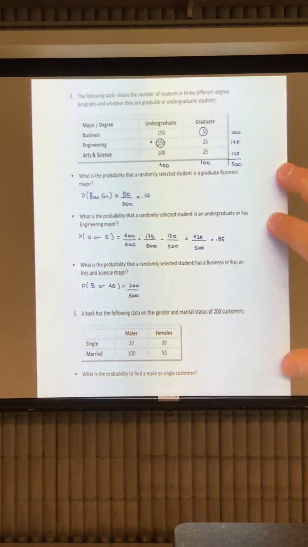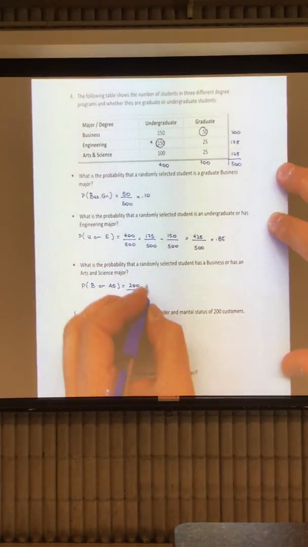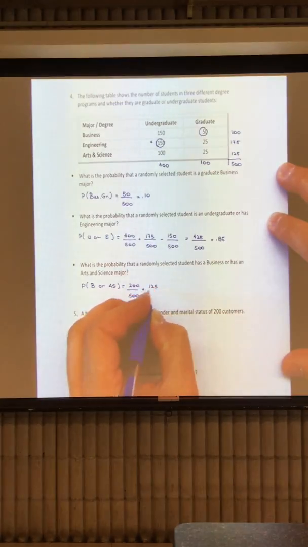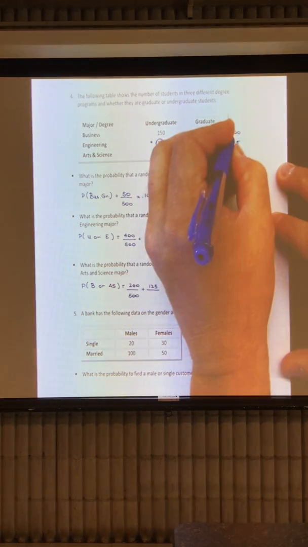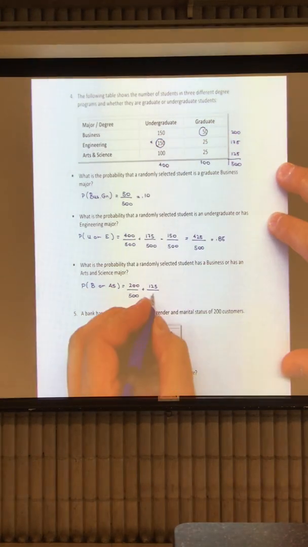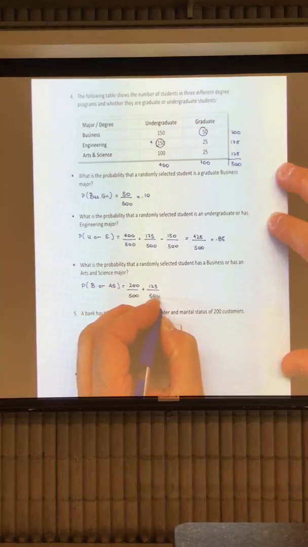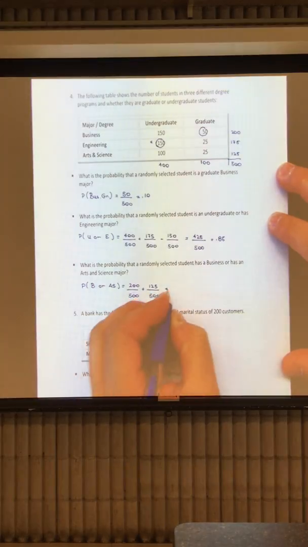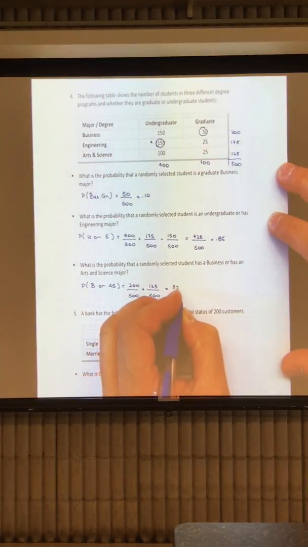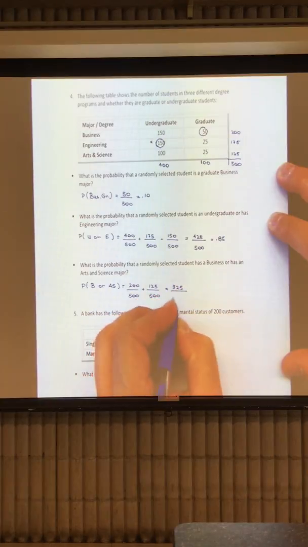So 200 over 500, plus we have another 125 that are majoring in arts and science. This is the 200, this is the 125. So the answer is 325 over 500, which is 0.65.